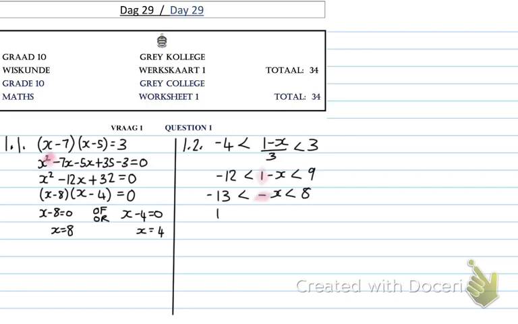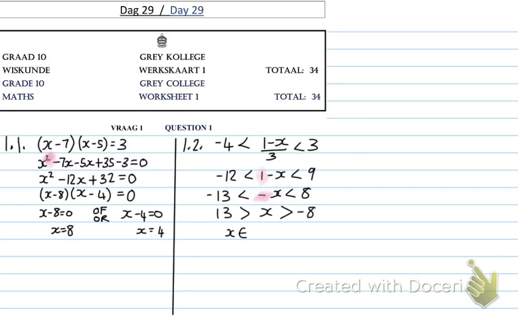Now I have a negative 1 in front of x that I have to divide everywhere. So the rule is when I divide by a negative, the signs switch around. So I'm going to have negative 13 divided by negative 1 gives me positive 13. The signs switch. x is now positive. And then the sign switches and I have negative 8 on the other side.